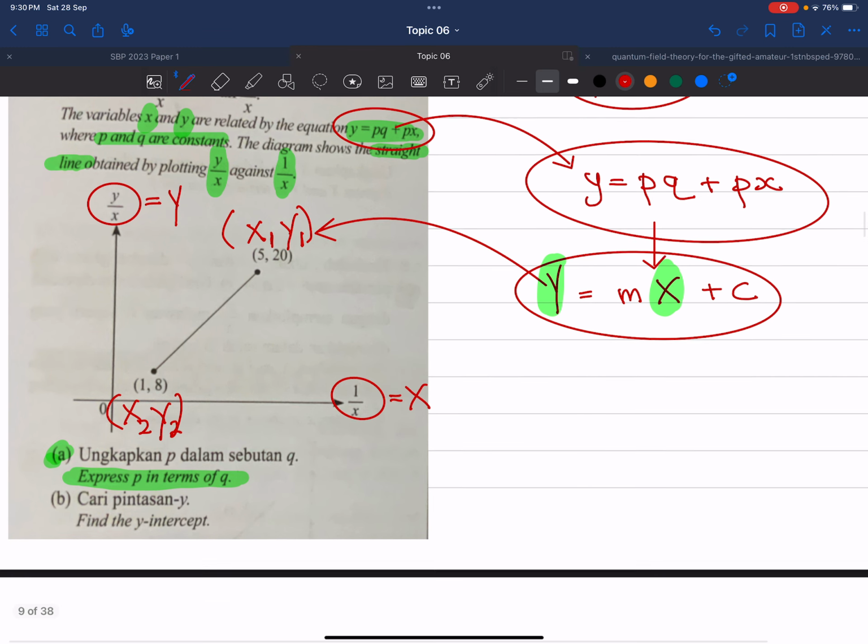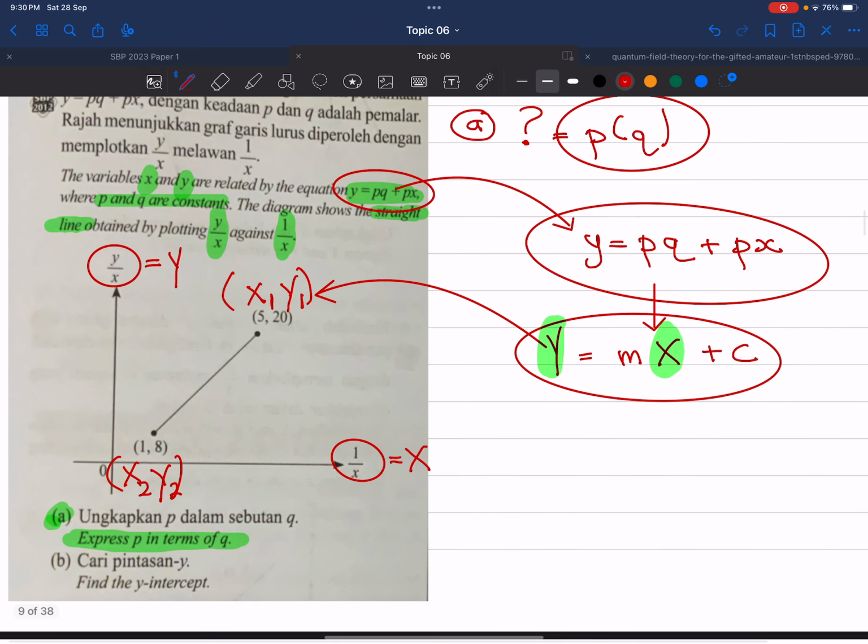Now we go back to the given equation and change y equals pq plus px into capital Y and capital X plus C.